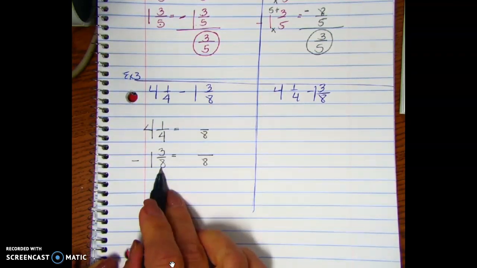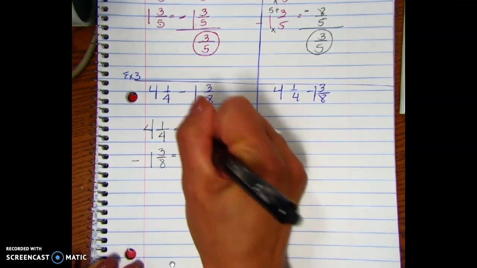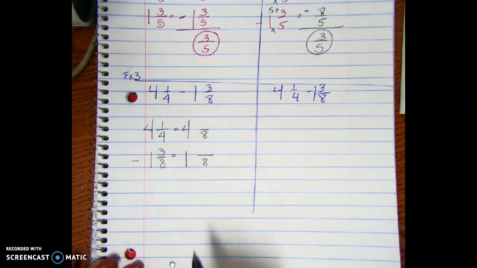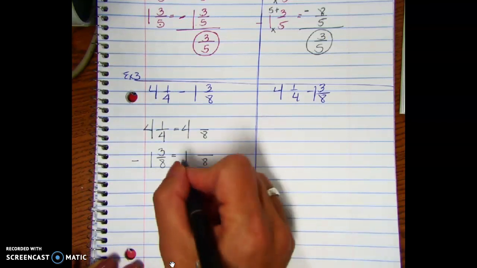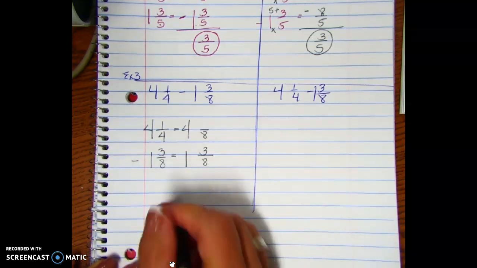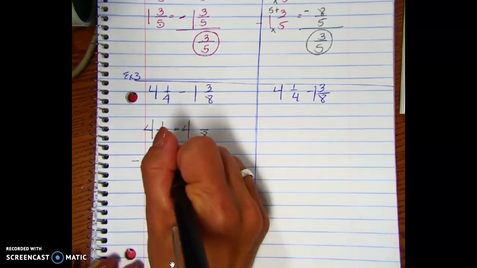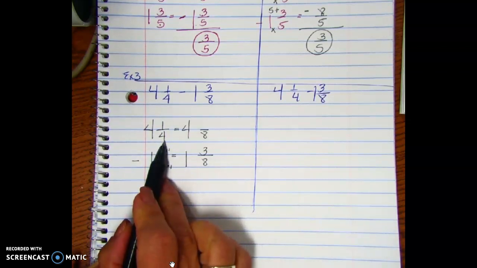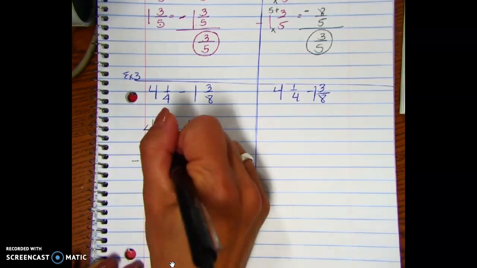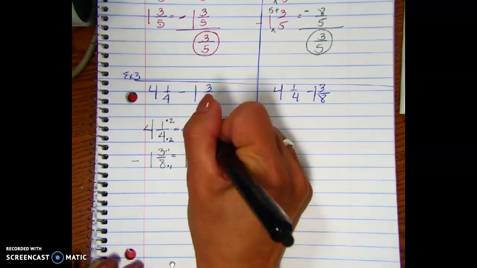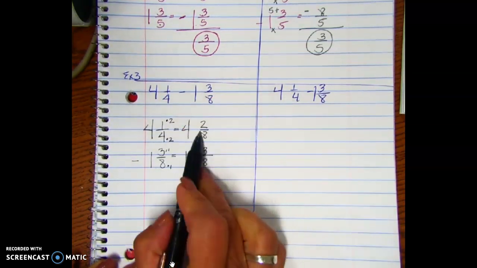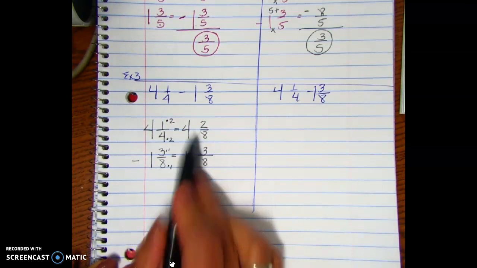Now, remember, your whole numbers are always important, okay? So if I have 8 here, then I know that I'm going to have 1 3/8 here, because it's like I multiplied by 1. Now here, what did I multiply 4 by to get 8? I had to multiply it by 2 and 2. So here is my renamed fractional amount.